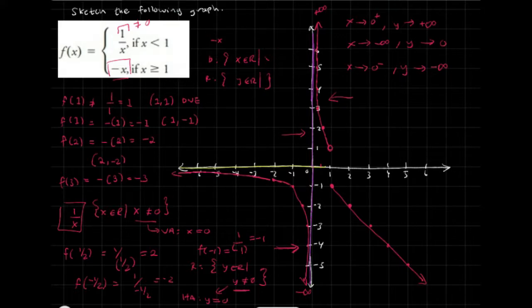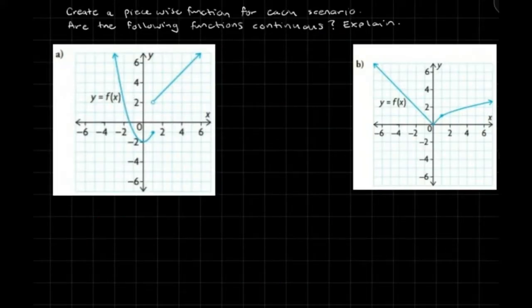Here we have our restriction for our reciprocal, but we also have an interval. So we have to be very careful when looking at the domain and range of the function. It's very important to understand each of the individual domains and ranges of the functions that make up the piecewise function.